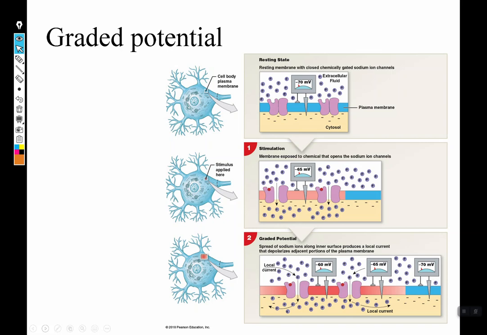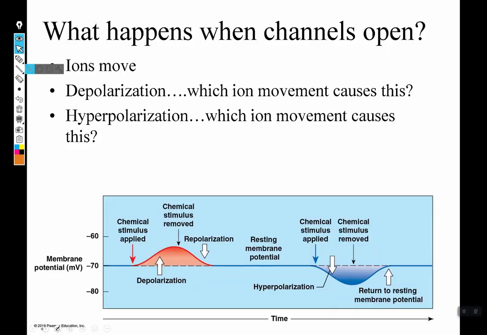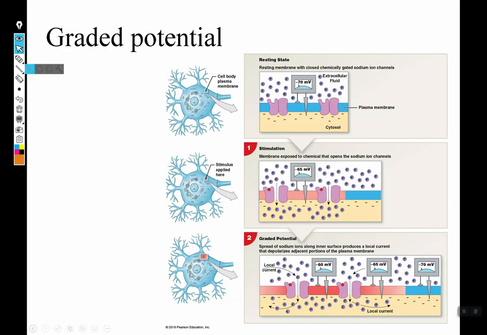So let's have a look at a graded potential. What we're going to do is take a peek at this figure from your book. So notice here we have resting. We know that we've got this resting state where there's a lot more positive charge outside of the cell than inside of the cell. In this case, we're going to ignore potassium for now.